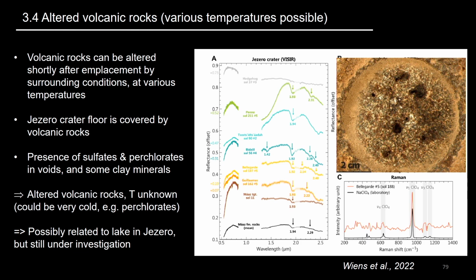And this is a perchlorate, and all the white spots you see here correspond to perchlorates in voids and sulfates. So this rock has been altered. We don't know if the alteration corresponds, for instance, to the presence of the lake of Jezero related to the delta. That would be an easy explanation. We don't know, but in any case, it's interesting to see that these rocks have been altered.